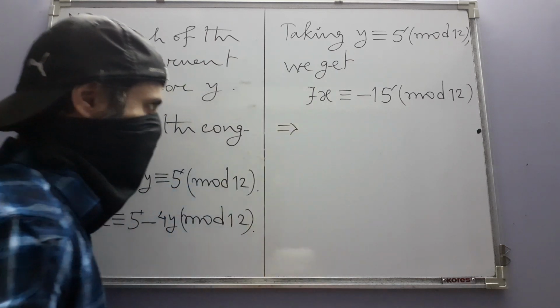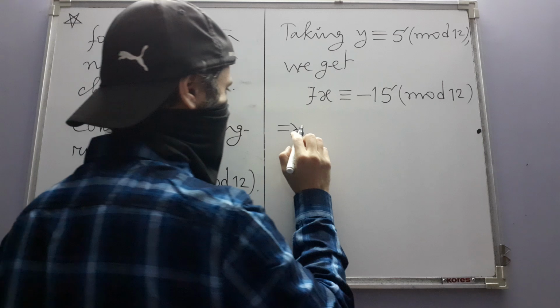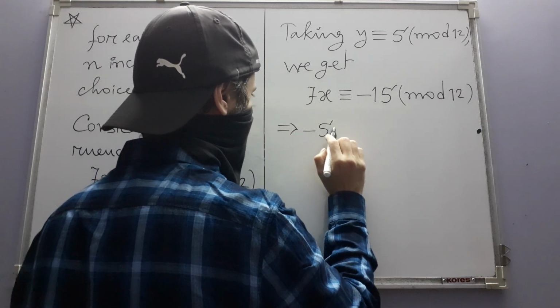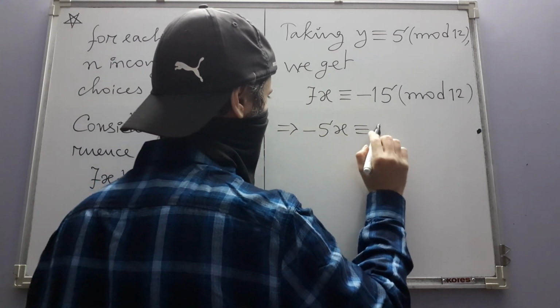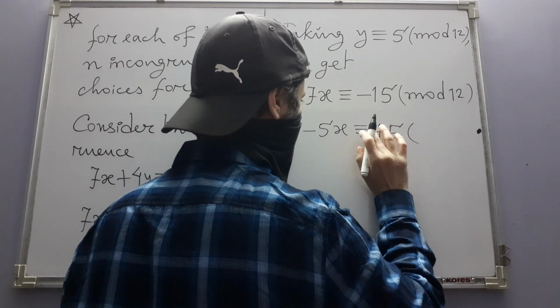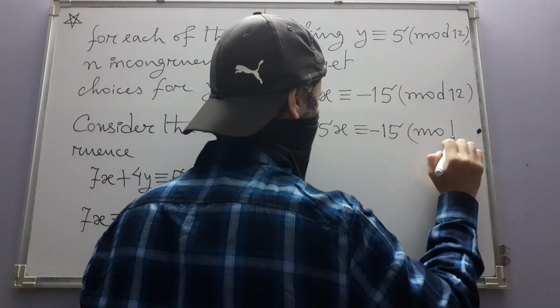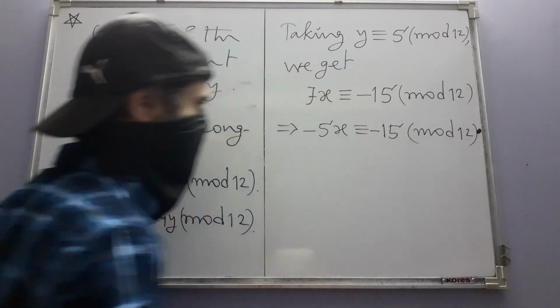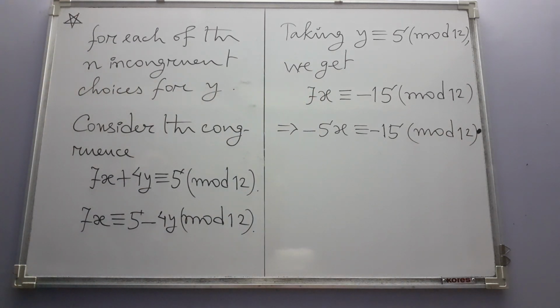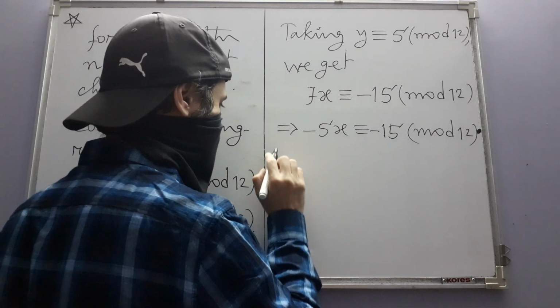However, in place of 7x, because you have modulus 12, you can also write minus 5x congruent to minus 15 mod 12. Modulo 12, 7x is the same as minus 5x.